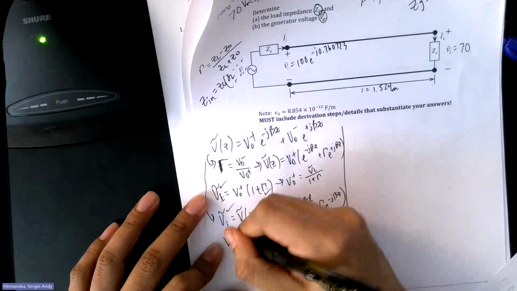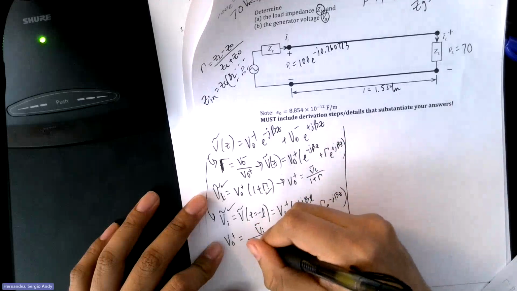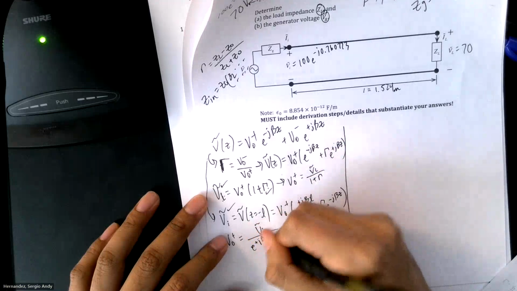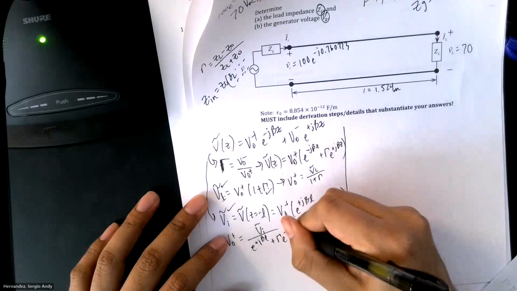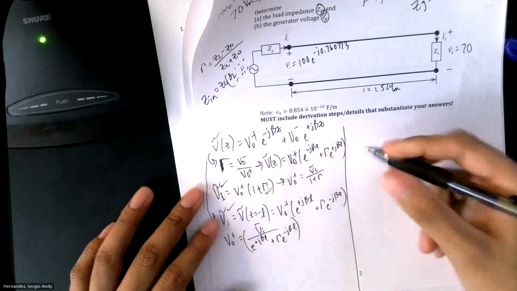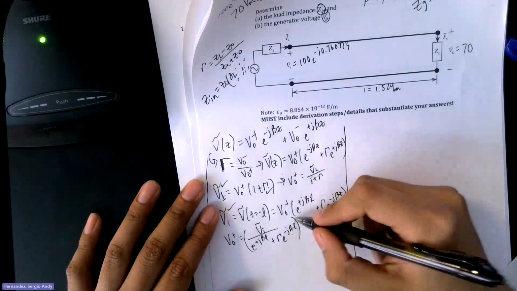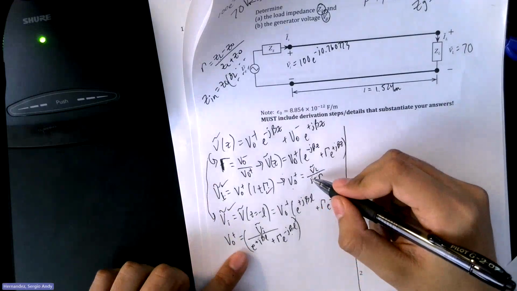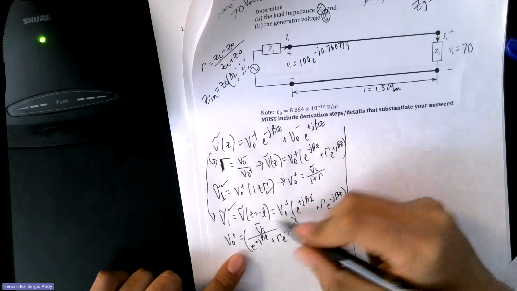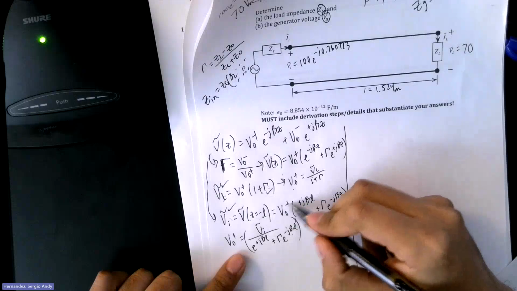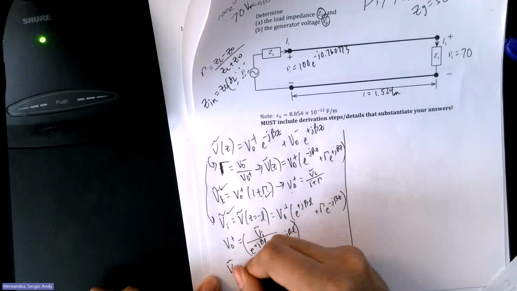And then for this one, it'll turn into Vi over e to the plus j beta L. And then what you can do is just set these two equal to each other since they're the same equation. So you divide this whole thing on this side so you get V naught plus by itself. And then you just set them equal to each other.